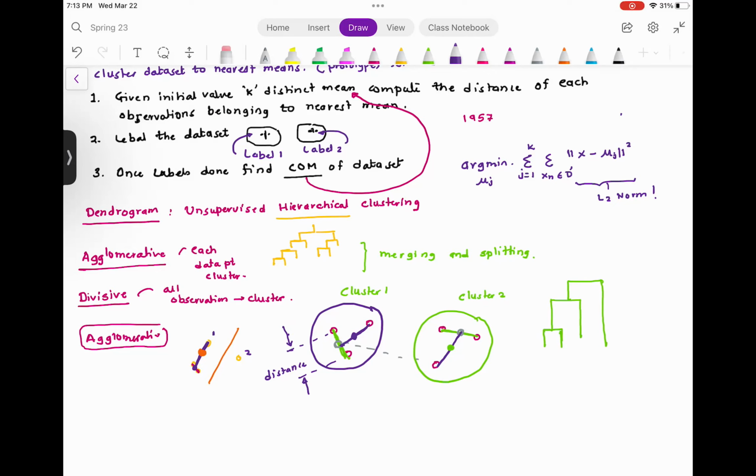Now there are a few more algorithms, which is a mixture model. Then you have the expectation maximization algorithm. Then you have supervised learning. Then we are going to look at support vector machines and the different kernels for support vector machines.